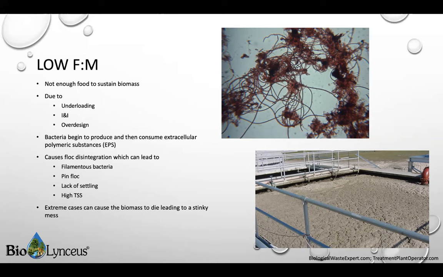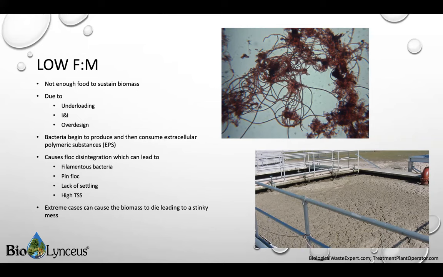Another common example that leads to low F to M is extreme cases of inflow and infiltration, more commonly known as I&I. Think rainy climates such as the Pacific Northwest. In this example, organic carbon loading remains unchanged, however, the wastewater is more dilute and leads to decreased F to M ratios.